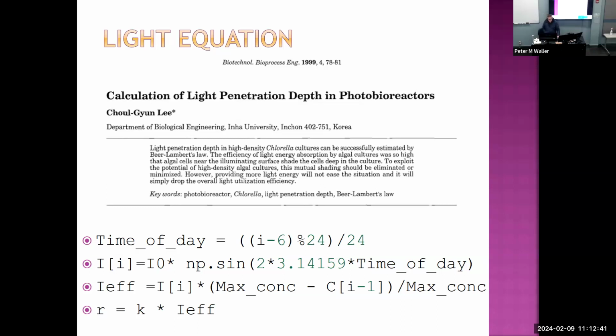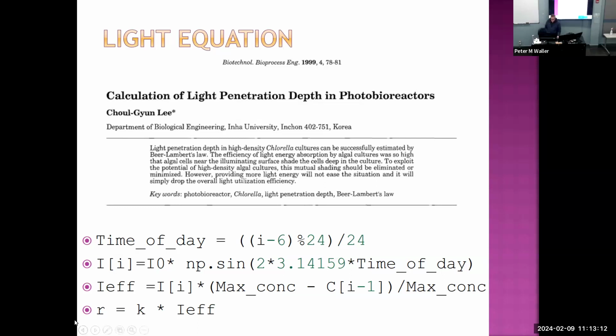We're going to use this simple equation where the effective light intensity is the I at the surface times the maximum concentration minus the concentration, over the maximum concentration. So let's say the maximum concentration is 2 and the concentration is 0.5. We would have 0.5 over 2. So the effective light would be only 25% of the light that hits the outside of the algae culture.